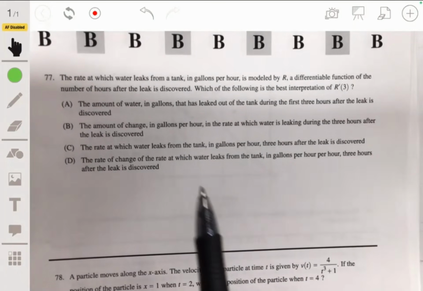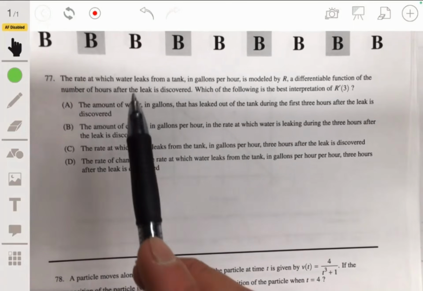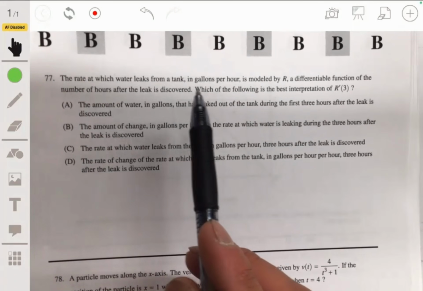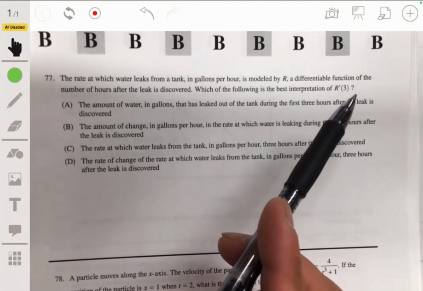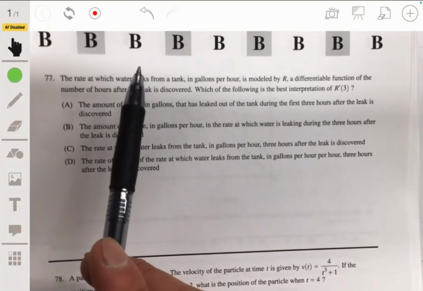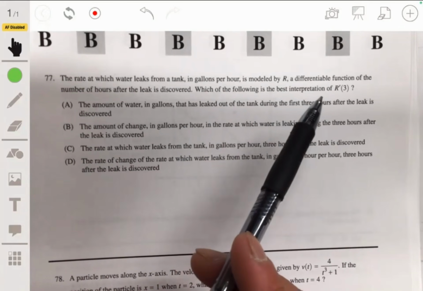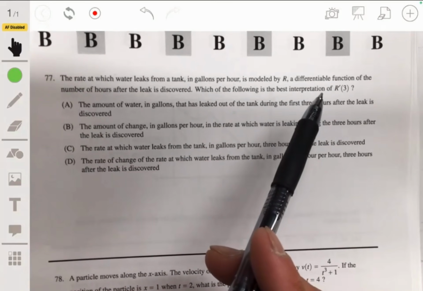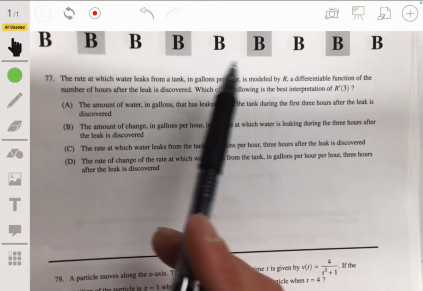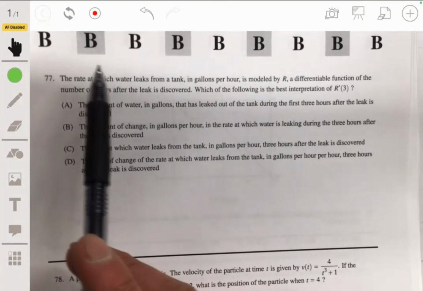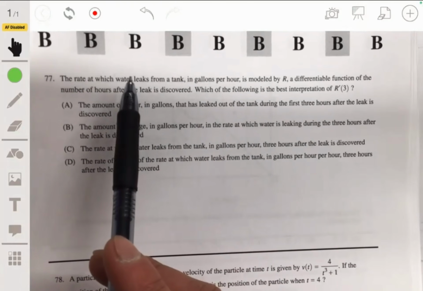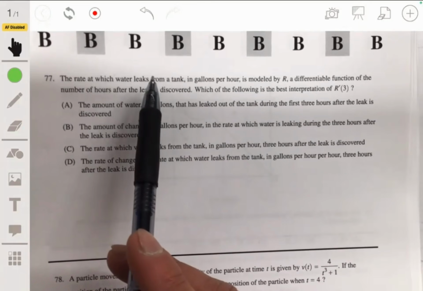Number 77. You're given that the rate at which water leaks from a tank in gallons per hour is modeled by R, which is a differentiable function of the number of hours after the leak is discovered. Which of the following is the best interpretation of R prime of 3? Okay, so we were already told that R represents the rate at which the water is leaking.